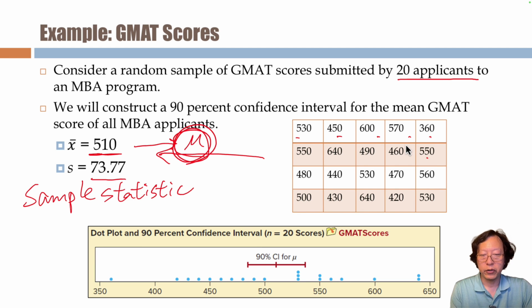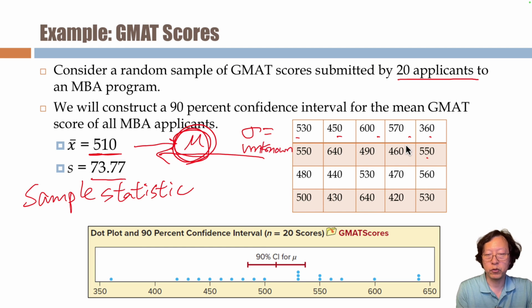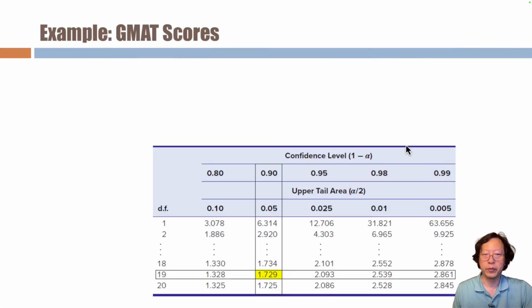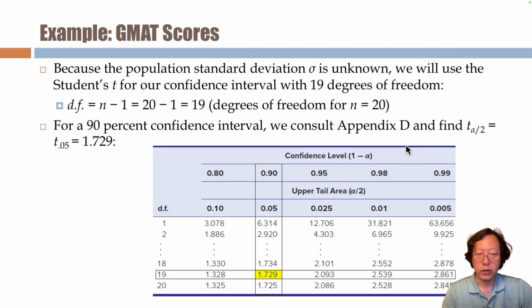We can create it here, but since sigma is unknown, we cannot use a z value, so we will use a slightly bigger one. Since n is 20, you can find the value. You take a look at the table. This table is the t value table.